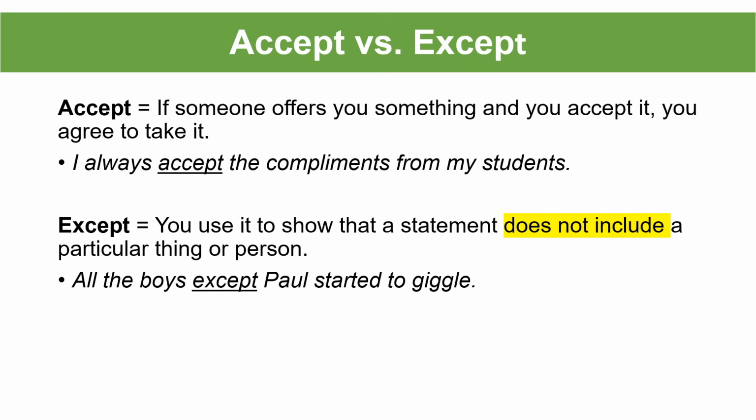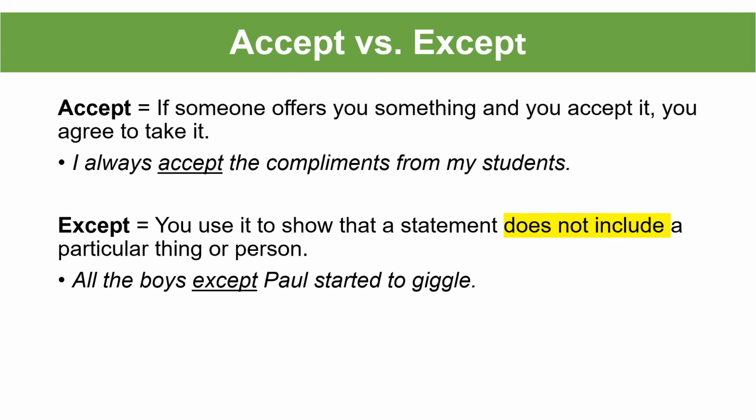Except with an EXC is not a verb. It can be used as a preposition or a conjunction or even an idiom. In each form, the word except means with the exclusion of, meaning to have left out. When you use the word except, you want to exclude something.